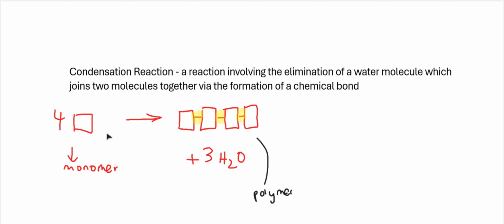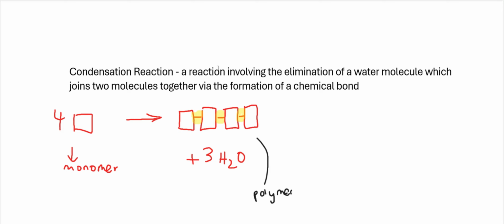If you've done GCSE chemistry and A level chemistry, you're familiar with balancing chemical equations. Well, this is what the diagram is showing you. We have four monomers, and we have an arrow going towards producing the product, which is the polymer.